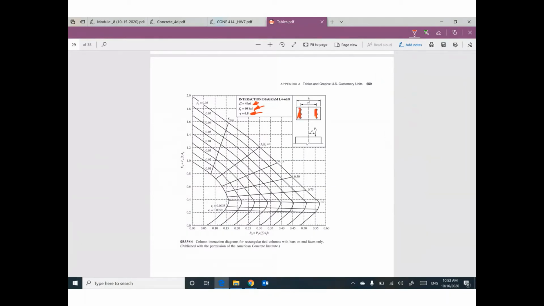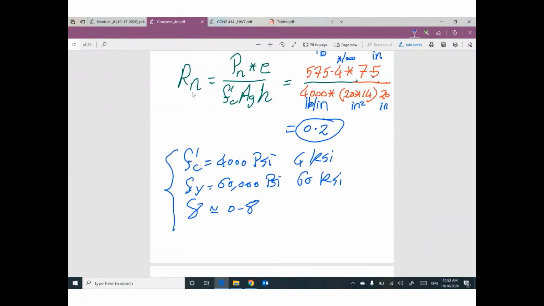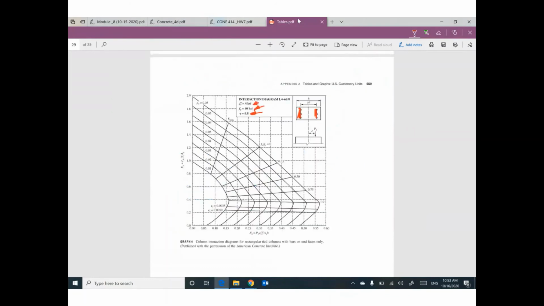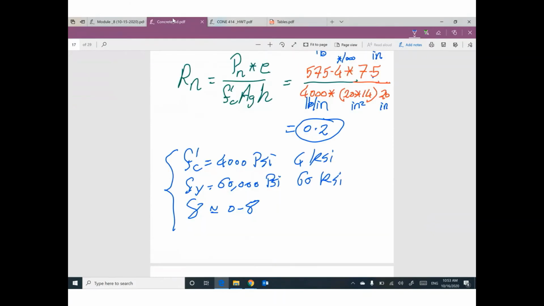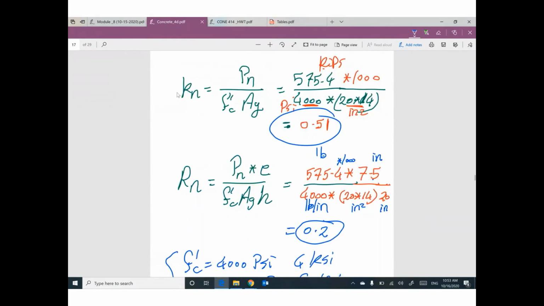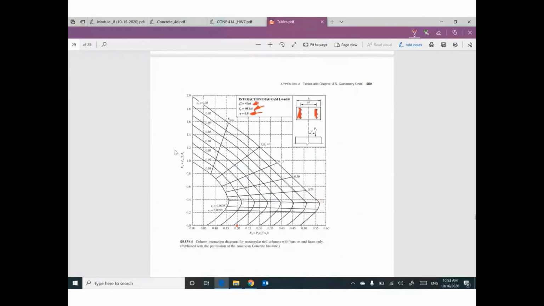The value of Rn is 0.2. Where is 0.2? This value. The value of Kn is 0.51. This one is 0.4, this one is 0.6, so 0.5 will be in between, something here.